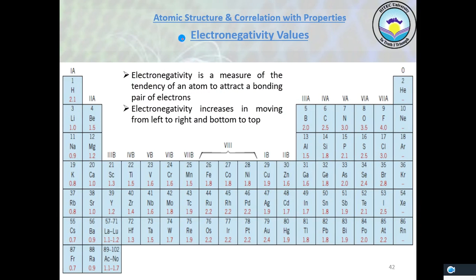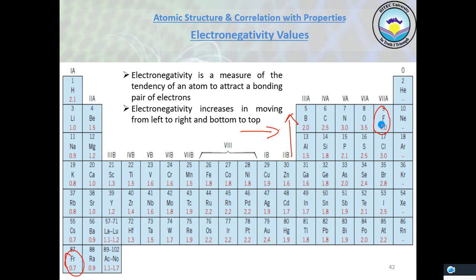So electronegativity is the measure of the tendency of an atom to attract a bonding pair of electrons. Electronegativity increases moving from left to right and bottom to top. Okay. You can see the minimum value of electronegativity is 0.7 and the maximum value of electronegativity, for fluorine, you can see is 4.